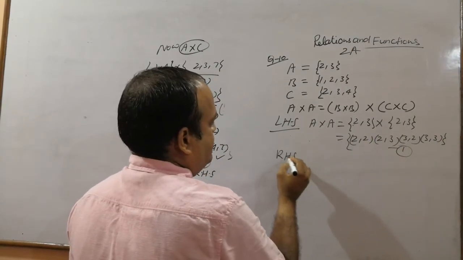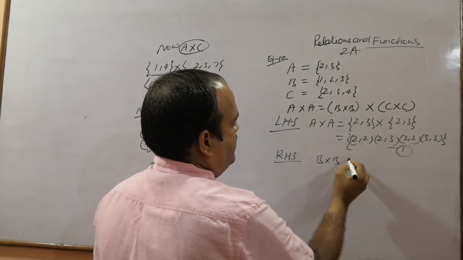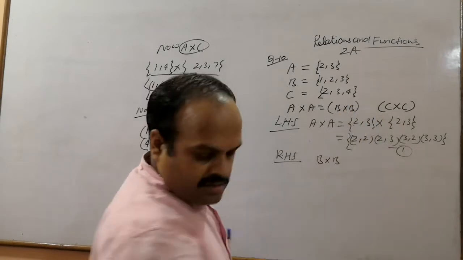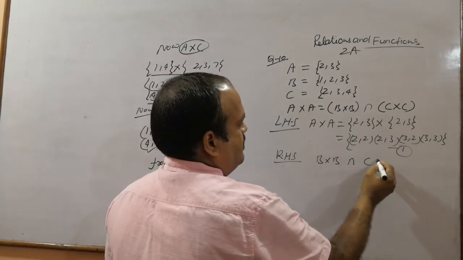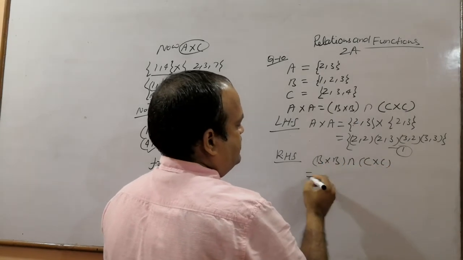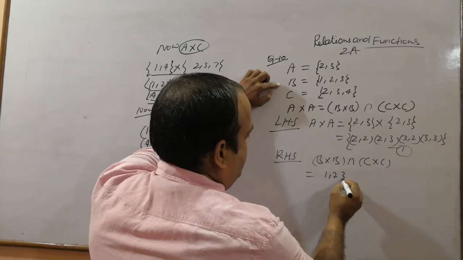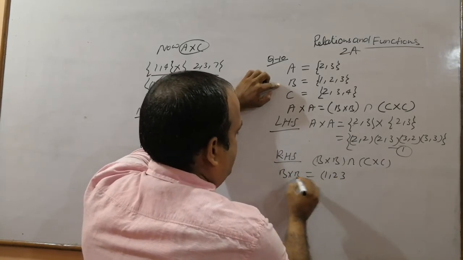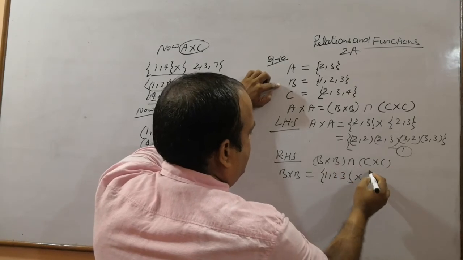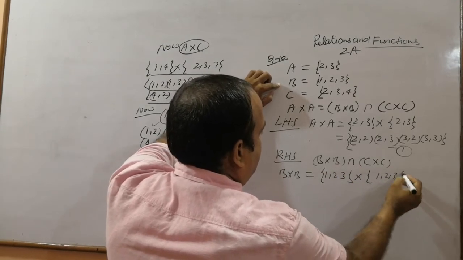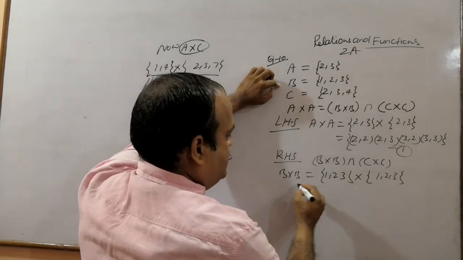RHS: B cross B intersection C cross C. Let's get B cross B. {1, 2, 3} cross {1, 2, 3}: 3 elements and 3 elements, we will get 9 elements.